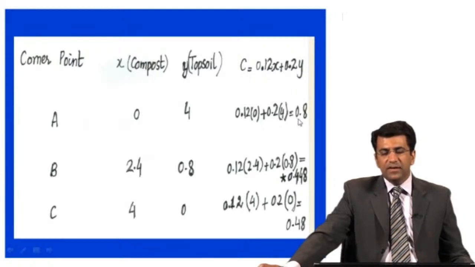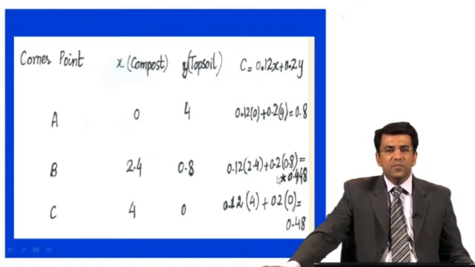the value of the cost function equal to 0.8 at point A, 0.448 for point B, and 0.48 for point C. Now you are able to identify the optimal combination of those parts of X and Y. If you are able to produce 2.4 kg or whatever that part of X and 0.8 of Y, then we will be able to minimize our cost, that is 0.448.